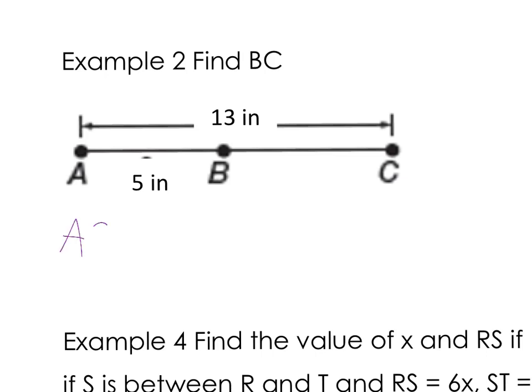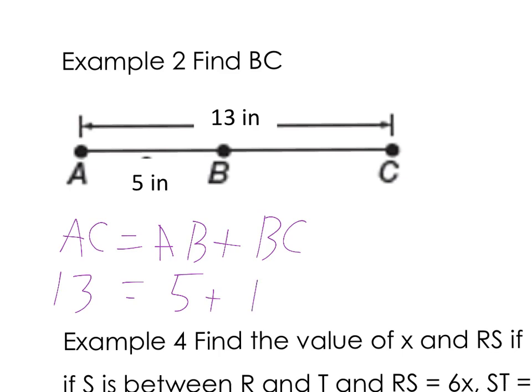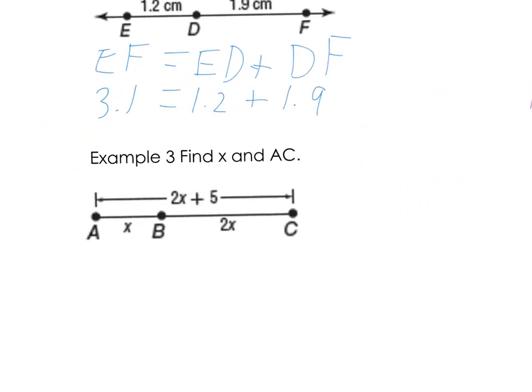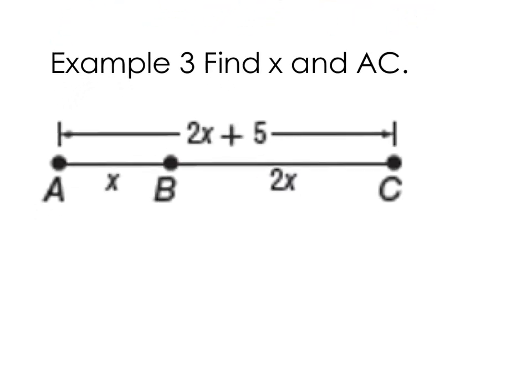So AC is equal to AB plus BC, or 13 is equal to 5 plus BC. Simplify our problems, and we should get 8 is equal to BC. Simple so far, right? Fundamental addition and subtractions.